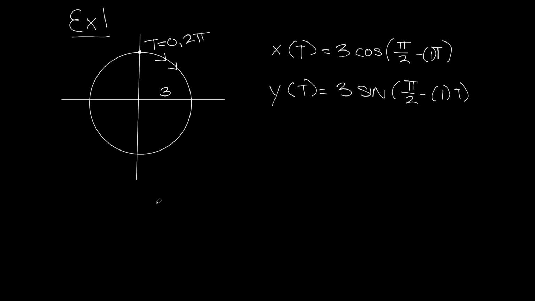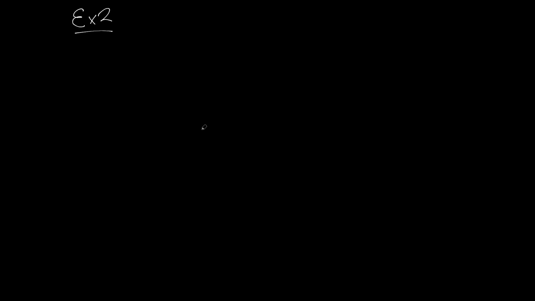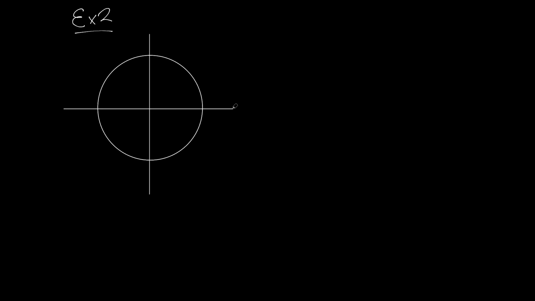Let's try something a little more difficult. In this example, we're also still going to have a circle, except this time we're not going to be on an axis. We're going to be at an angle. And you'll see what I mean in a second.